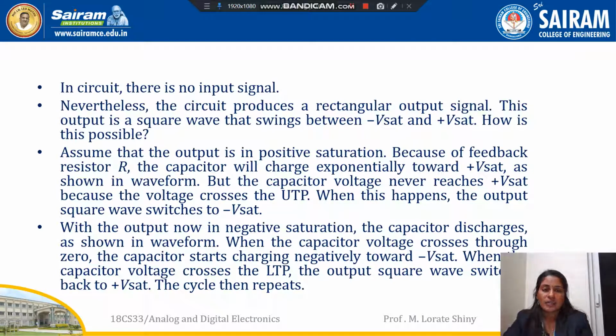Now the output voltage is minus Vsat, which means it is in negative saturation. The capacitor now starts discharging towards minus Vsat, but again it will not reach minus Vsat. Before that, the lower threshold voltage will be reached. When it reaches the lower threshold voltage, again it goes back to the positive saturation voltage.